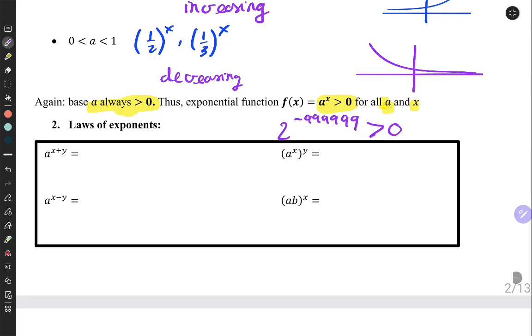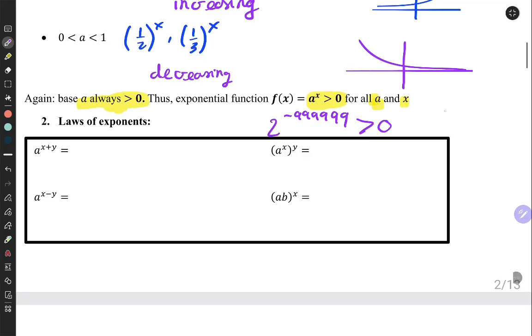If we want to do math with exponentials, we did some of it already. The first thing we did is this, some rules, some properties. Here are some more.